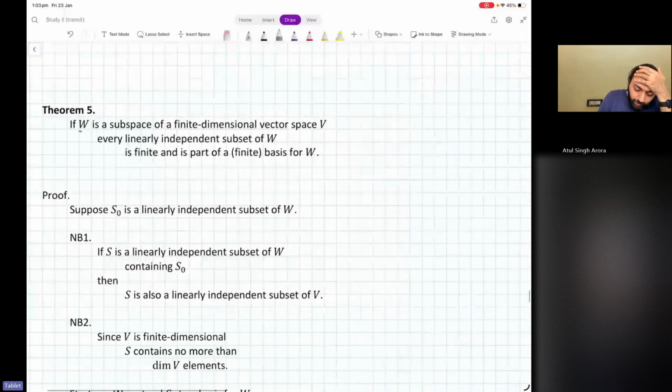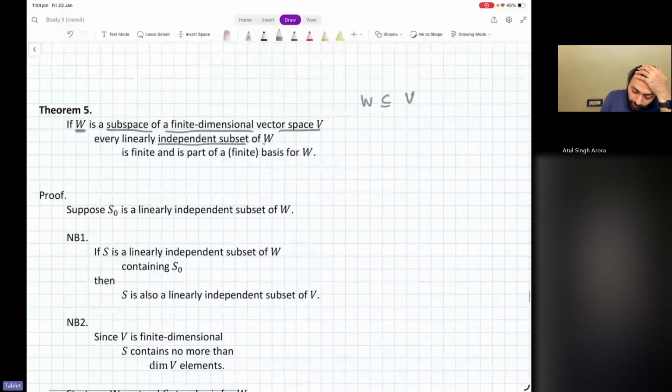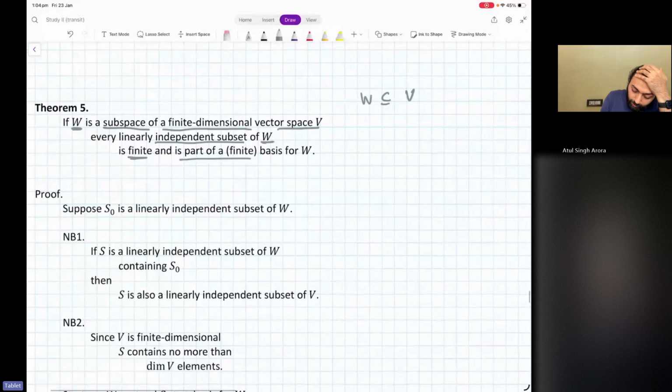It says, if W is a subspace of a finite dimensional vector space V, okay, so W is a subspace of V, then every linearly independent subset of W is finite and is part of a finite basis for W, okay.